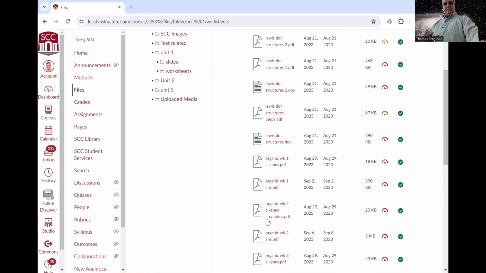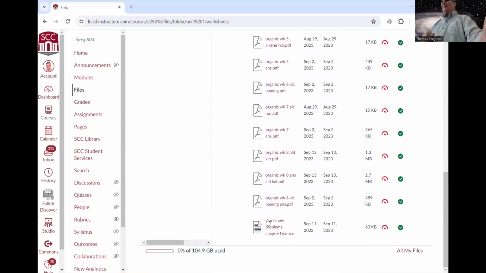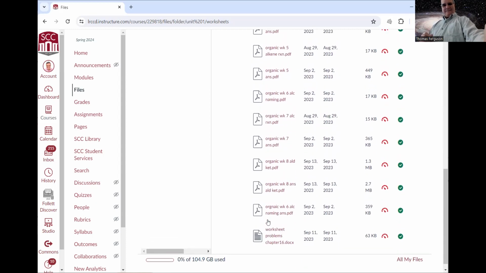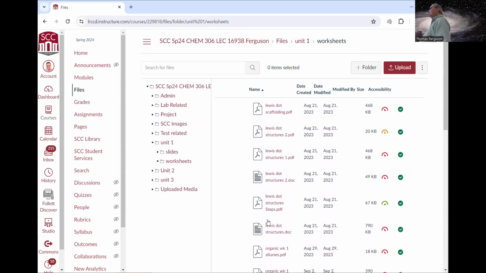These are all worksheets for Unit 1. So there's no reason you don't have adequate practice. And these all have answers too, by the way. I'll frequently be going over some of these worksheets as part of lecture as well, just as example problems. But there's lots and lots and lots of practice.